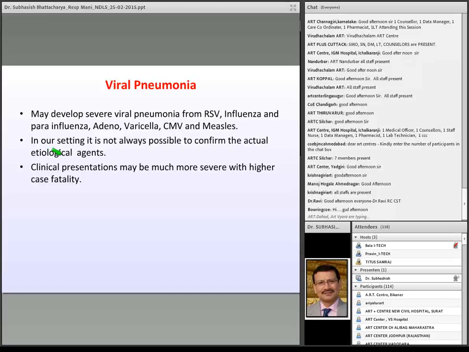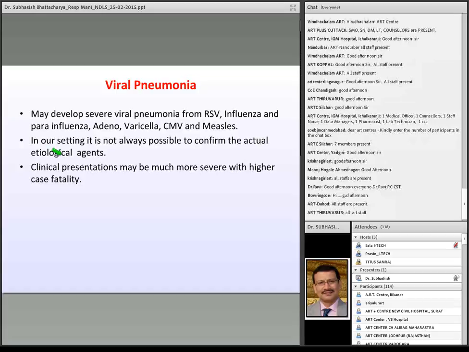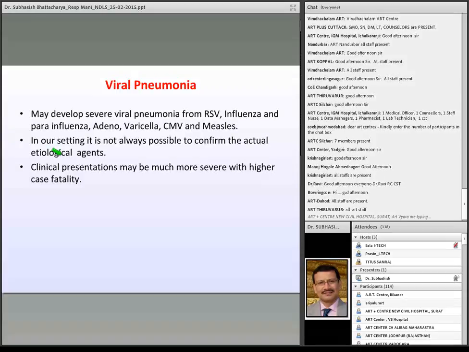We should consider viral pneumonia, particularly in an epidemic setting, and treat accordingly, where antibiotics alone may not be the choice. Where available, some antiviral drug should be used.